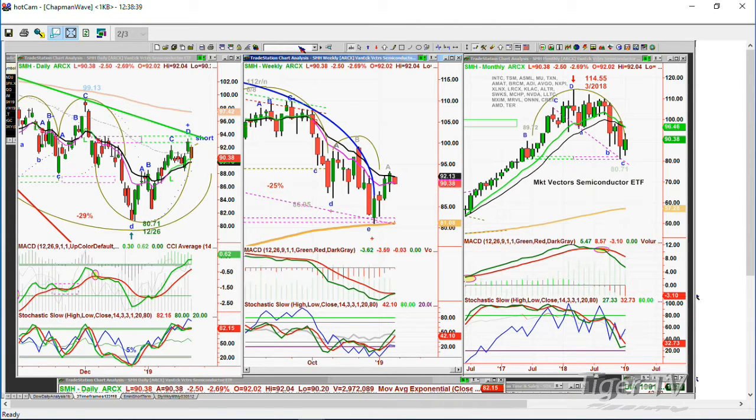I'm thinking that the semis are telling us they need another at least 6 weeks of war to be able to get themselves together to start building new inventory for the end of the year. So I'm looking at them and saying I think they're one of the weaker indices.